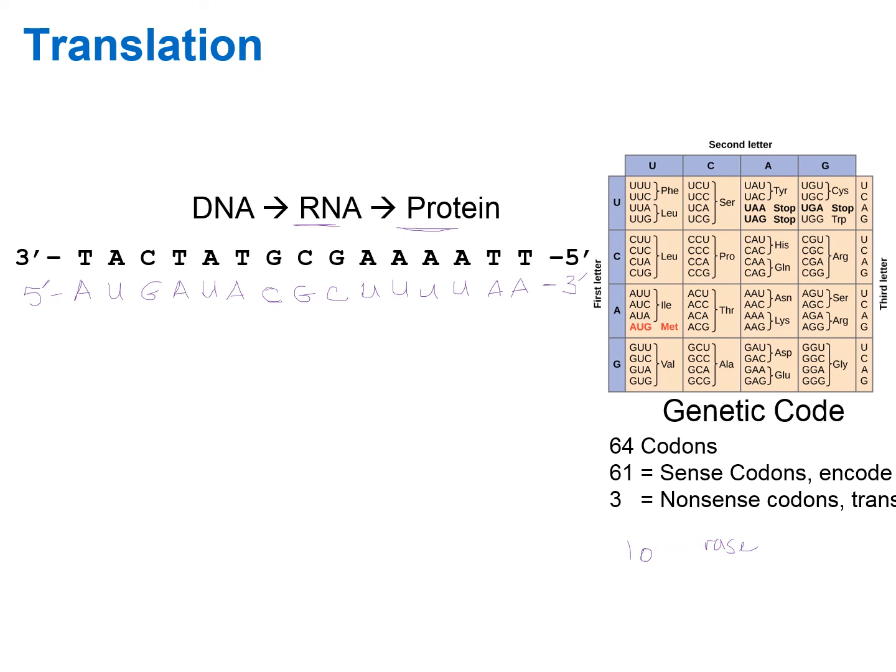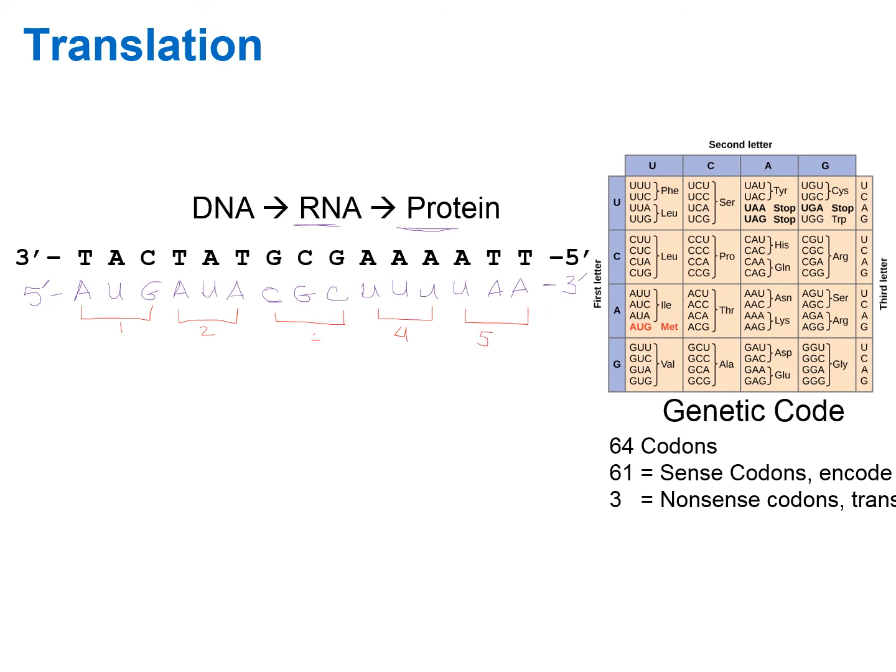The first thing you need to know is that when a ribosome reads an RNA, and these are messenger RNAs, by the way, it reads it as a three-letter code called a codon. So we can break this sequence up into three-letter blocks, and each one of these is a codon. So this is codon 1, codon 2, 3, 4, and 5.